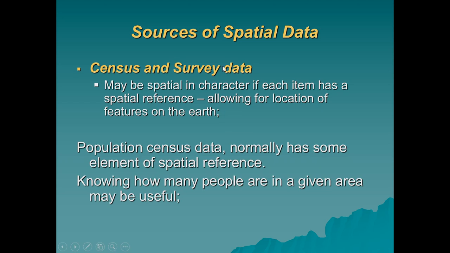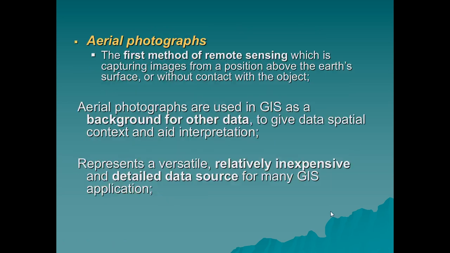Our survey data, well, yes, the census and survey data would typically be the same type of data we're talking about, such as questionnaire surveys. We get information from our aerial photos as well.